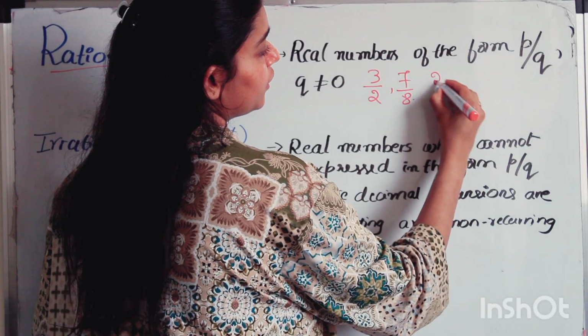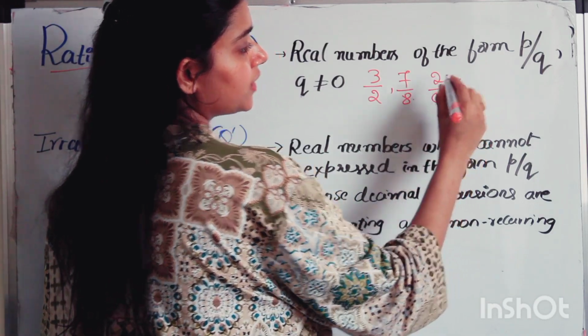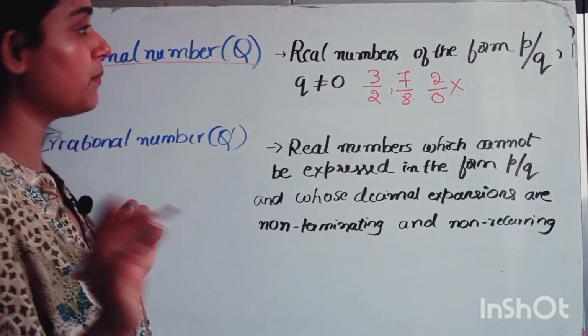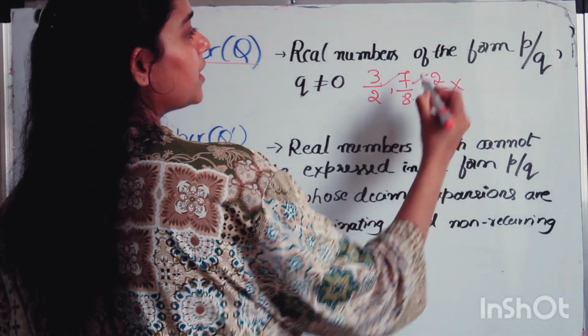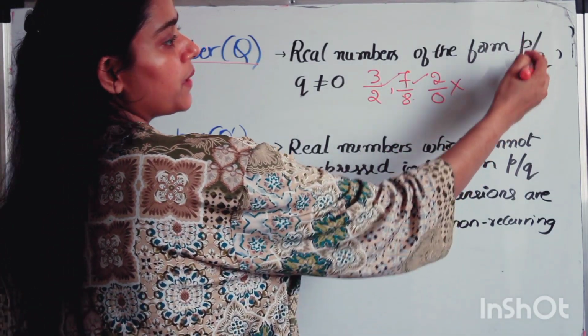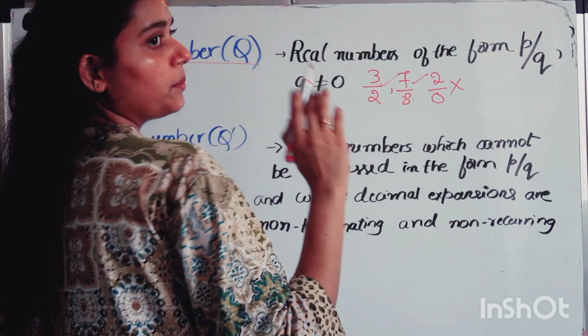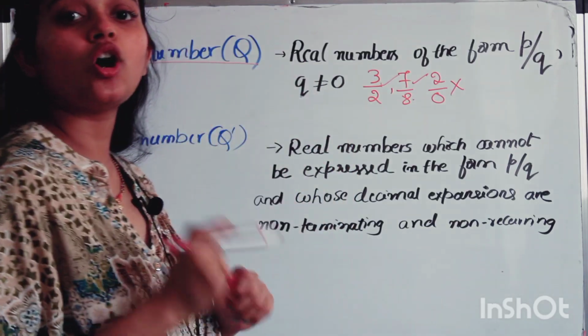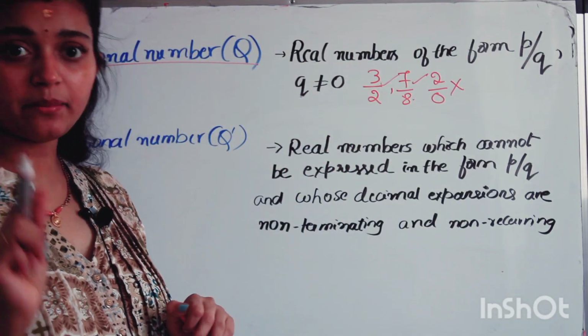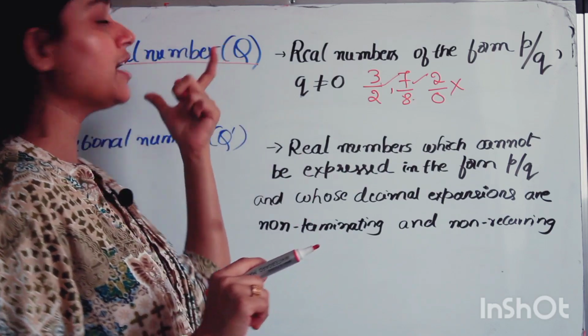For example, 2 by 0 is not a rational number. And all integers can be represented as rational numbers.